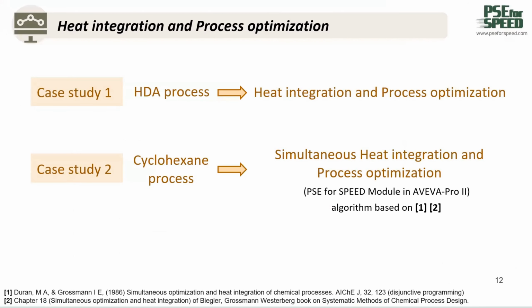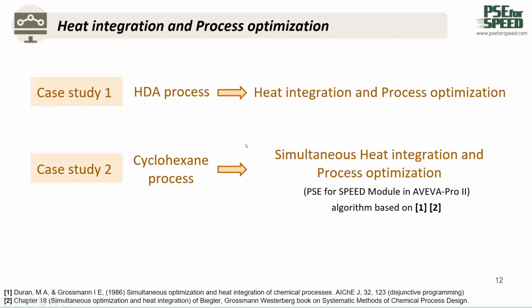Now we have done the heat integration and process optimization sequentially in the HDA process. Next, we will focus on the case study of the cyclohexane process, in which the heat integration and process optimization will be performed simultaneously.